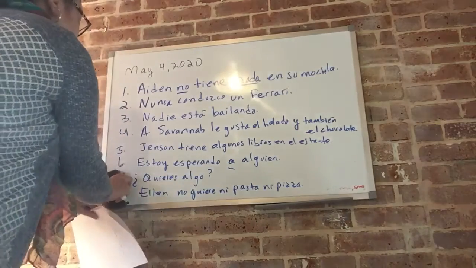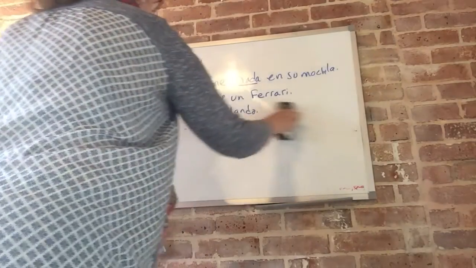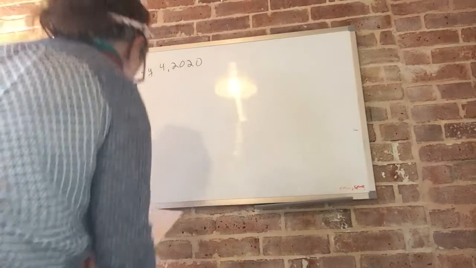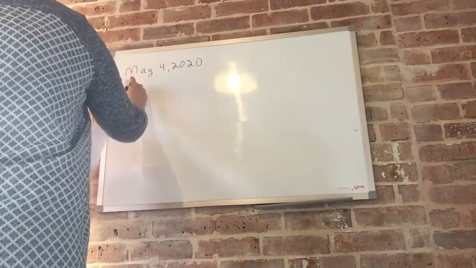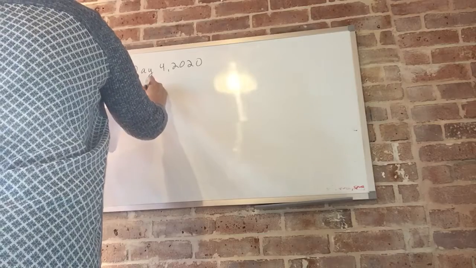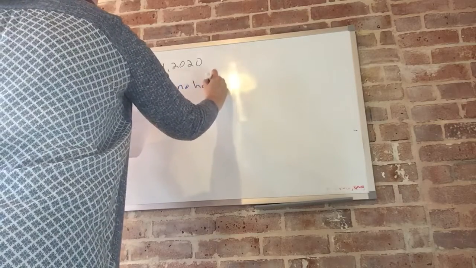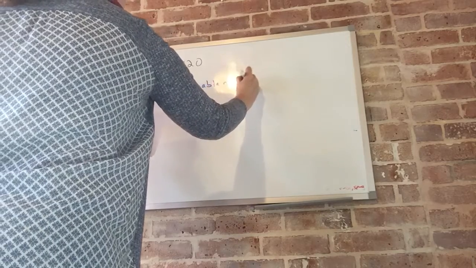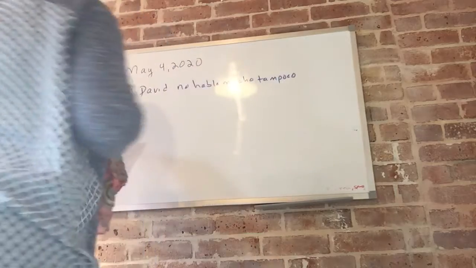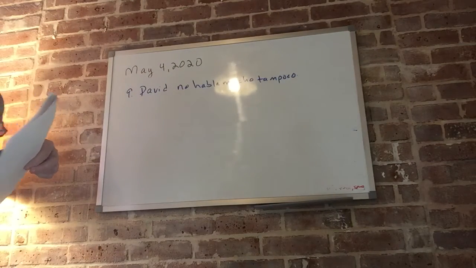Let me do the last two. Number 9, David doesn't talk a lot either. So you can pause the video. So right, David no habla mucho tampoco. David no habla mucho tampoco.